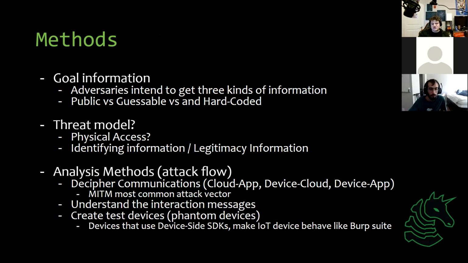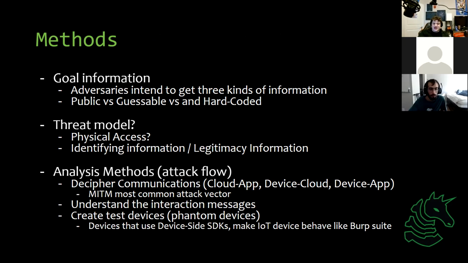There was public information, so that's something as easy as the device model. Then there's guessable, which is maybe a default password or a simple password, like a PIN. Then there's hard-coded information, so that could be the device ID or MAC address if that's hard-coded on.